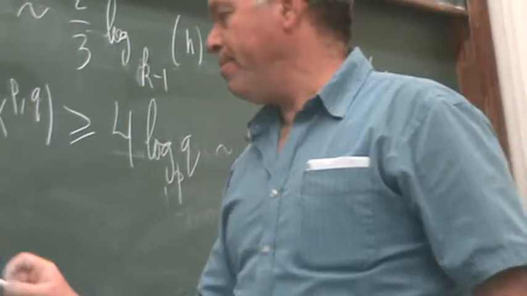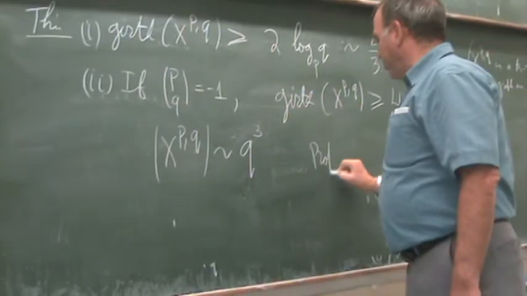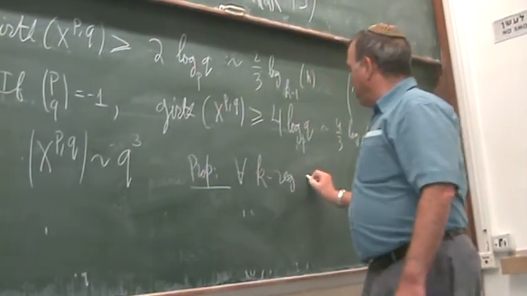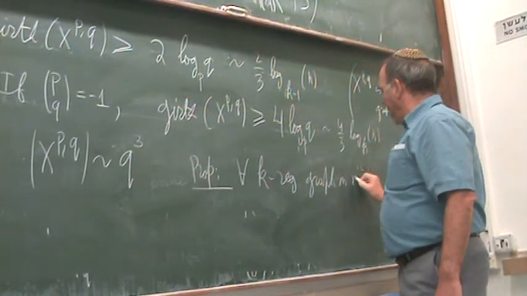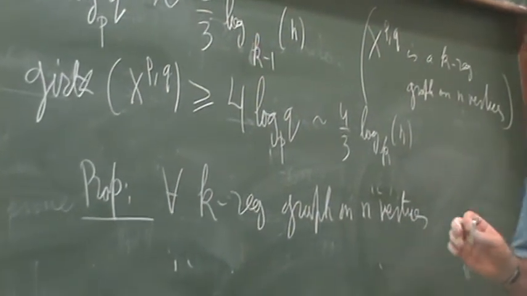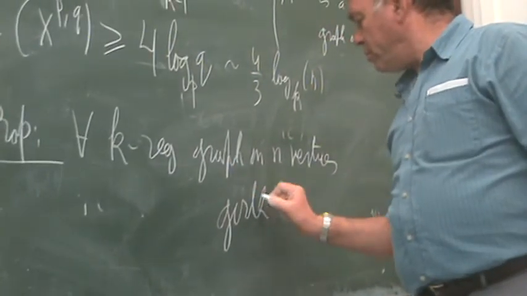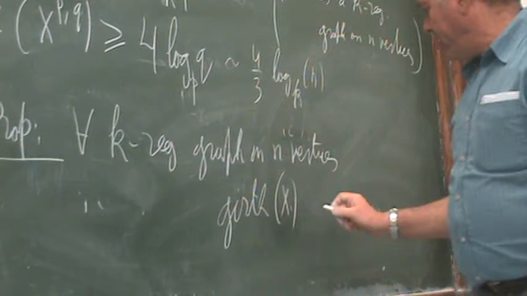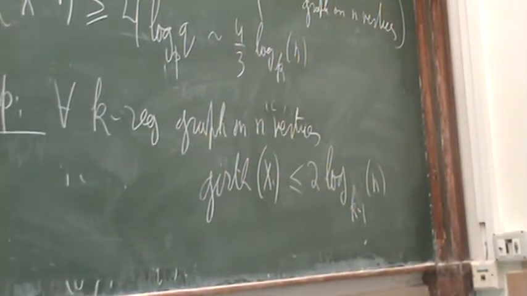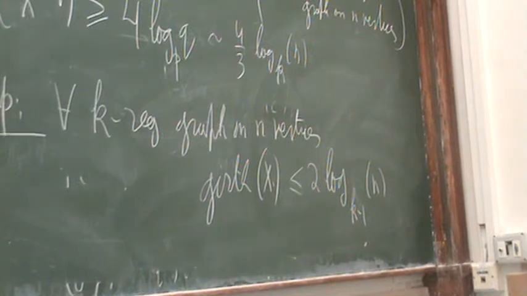And here is the story. Proposition, a trivial proposition: for every K-regular graph on N vertices, the girth of X is at most 2 log to the base K minus 1 of N. Does everyone know what the girth is?